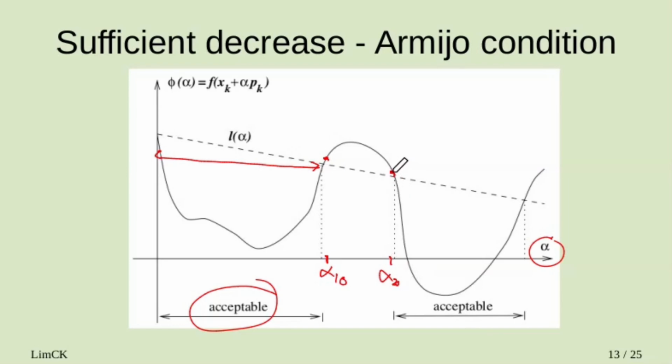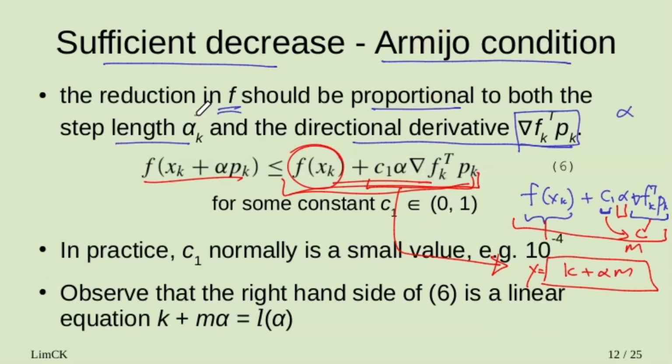But when alpha increases until it crosses this line, it's acceptable again, because this alpha will bring us a lower cost function compared to the dotted line, which is the linear equation.